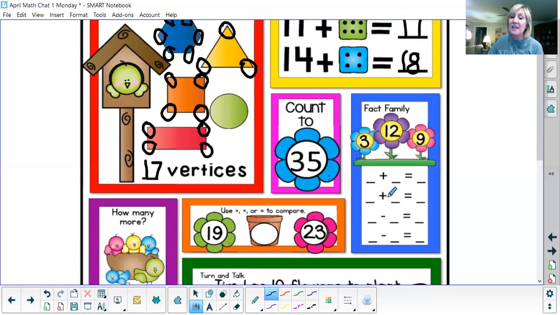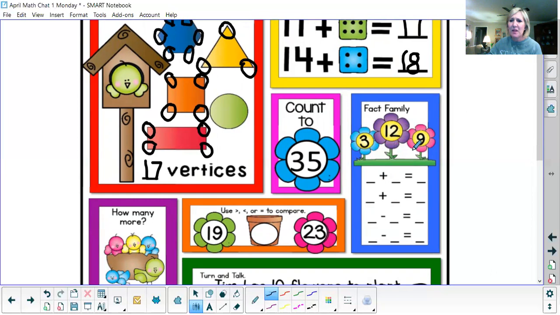Now, when you write equations or number sentences for a fact family, you can only use the 3 numbers in the family. I mean, they're a family, you know? So 3, 9, and 12 are going to be the only numbers that we use in these number equations or number sentences. So the first is blank plus blank equals something.